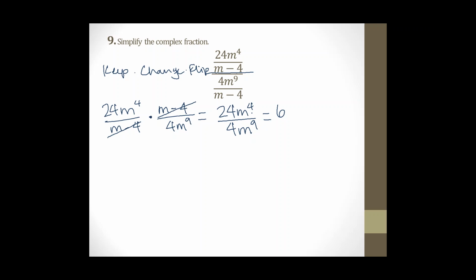You can use your exponent rules where you're dividing terms with exponents with the same base, so we'll subtract the exponents. If you have 4 m's at the top and 9 m's at the bottom, then you'll end up with the difference of 5 m's on the bottom. Okay? So your final answer is 6 divided by m to the 5th, and that letter in your test review is letter C.